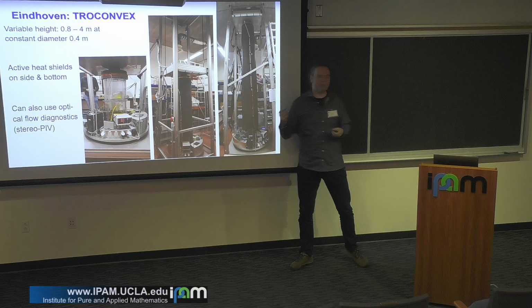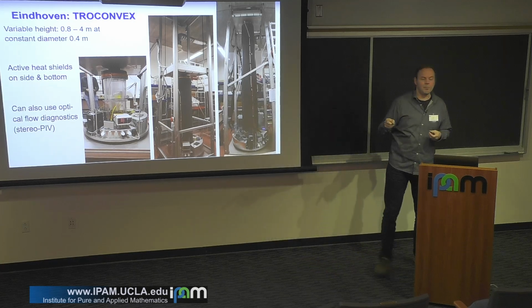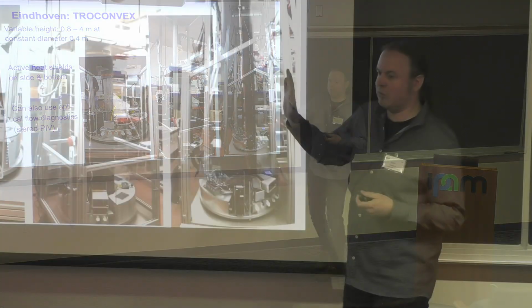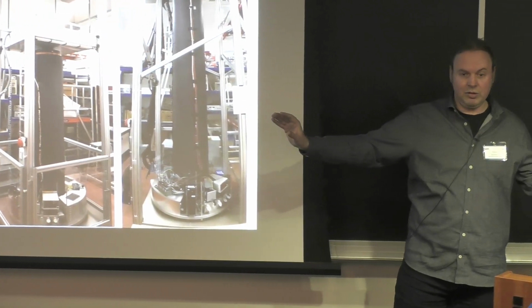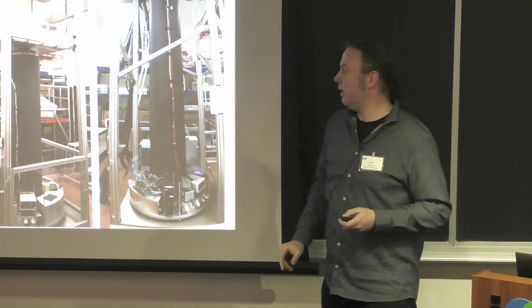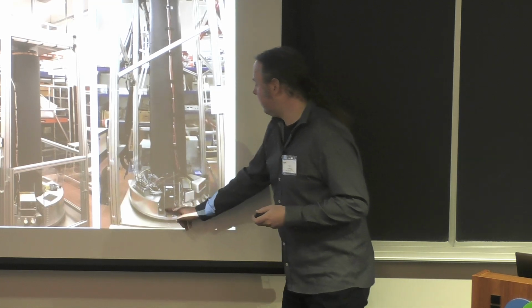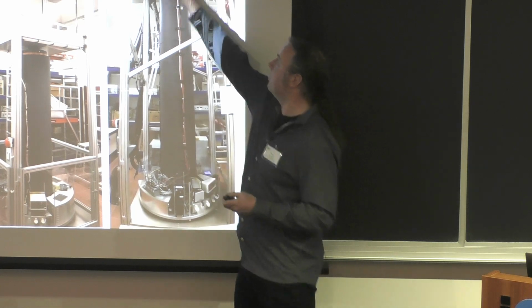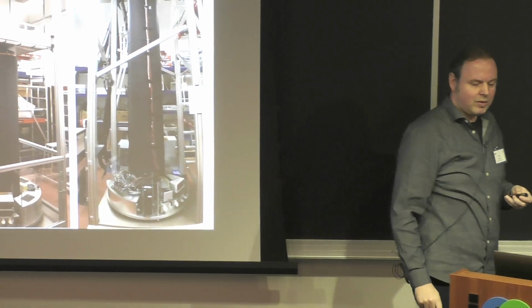So we would also have temperature probes in the sidewall. And this helps you to reduce the conductive losses to the outside, so that you're really measuring the heat flux that is heat put in from the bottom and goes out at the top.